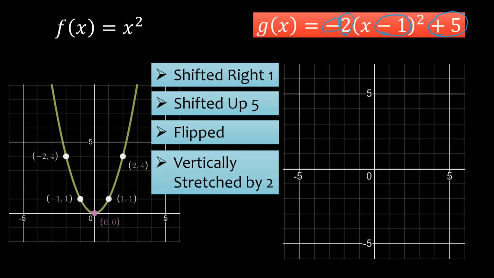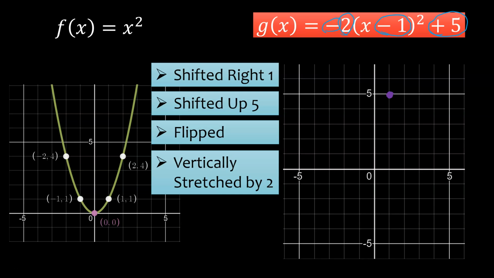Okay, let's see how this works. I'm going to put a graph up. Shifting right 1 and up 5 means your new vertex is going to be at (1, 5). There's your new vertex right there. And we're going to flip over.